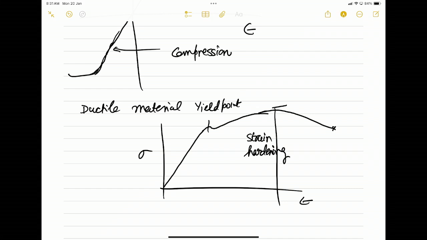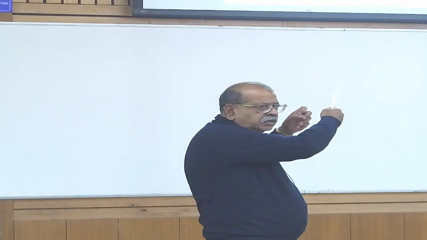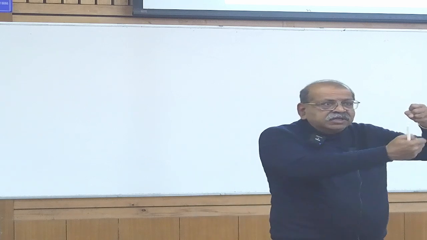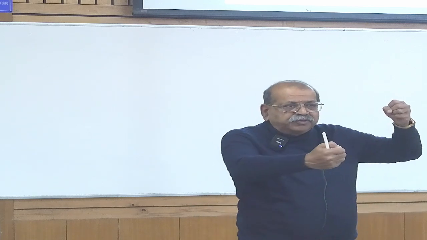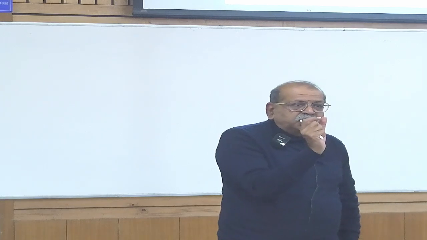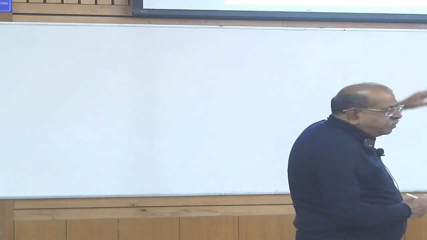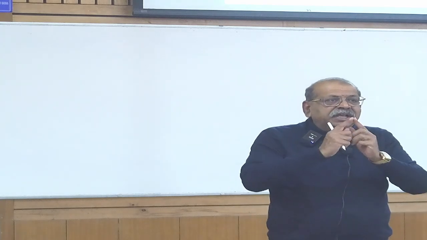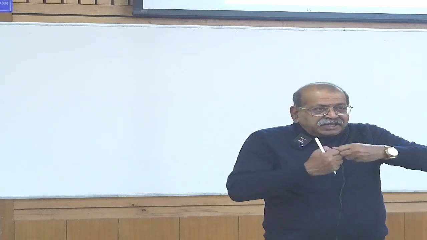And then comes this point, the highest point, which is called sigma u, or ultimate stress, after which the stress decreases. We have more flow of the material, and that is when you find the area also changes quite a lot. After ultimate stress, we have a sudden reduction of area, and then the material will break.